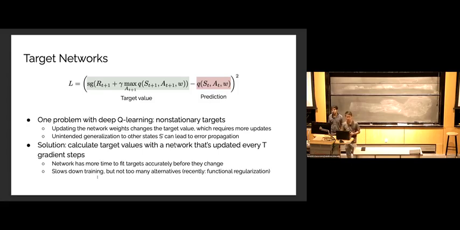In this way, the network will have more time to fit targets, and it will slow down training, but it will bring you stability. Sometimes without a target network, it will probably not work at all.